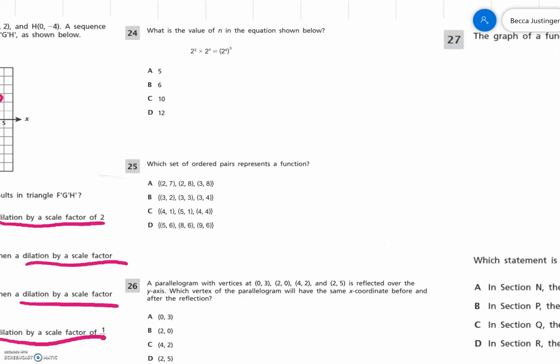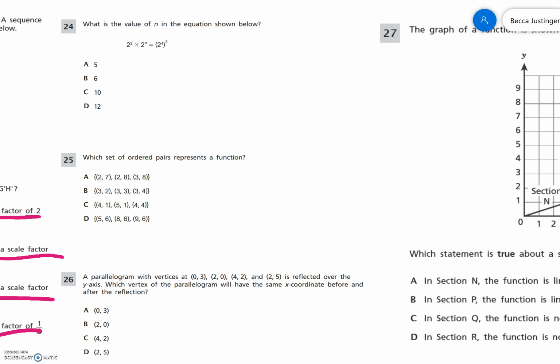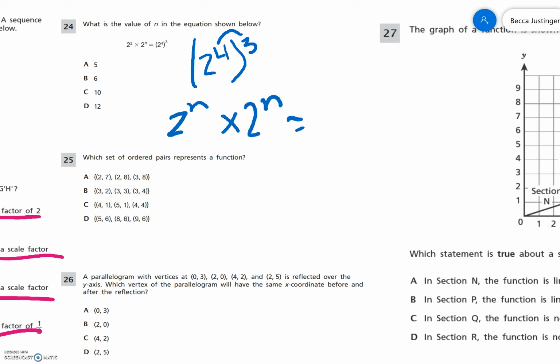Number 24. What is the value of n in the equation shown? Well, we know that this 2 times 4 to the third, all we have to do is distribute the 3 to the 4, multiply. So 2 squared times 2 to the n is actually equal to 2 to the 4 times 3, which is 12.